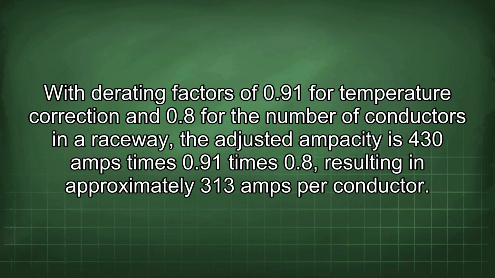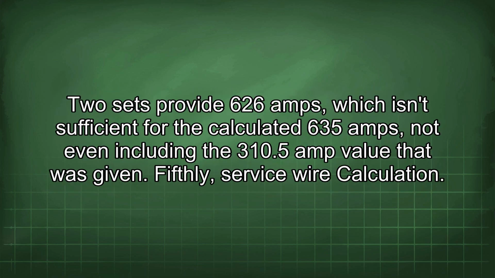With derating factors of 0.91 for temperature correction and 0.8 for the number of conductors in a raceway, the adjusted ampacity is 430 amps times 0.91 times 0.8, resulting in approximately 313 amps per conductor. Two sets provide 626 amps, which isn't sufficient for the calculated 635 amps, not even including the 310.5 amp value that was given.